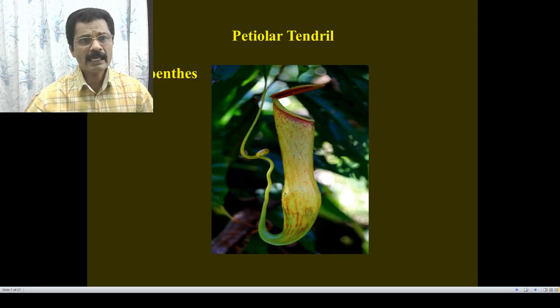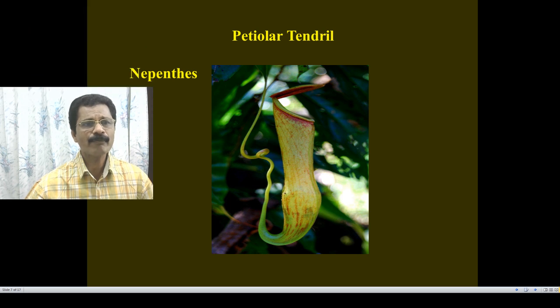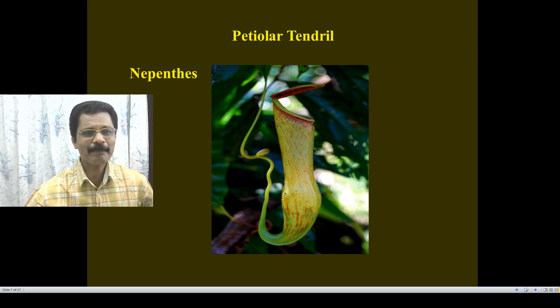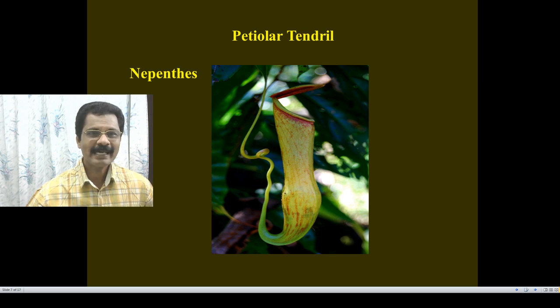Then petiole is modified into tendril, as in the case of Nepenthes. The petiole is modified into tendril, that is not mainly meant for the climbing support, but instead it helps the plant to keep the flask in the upright position so that they can attract insects.